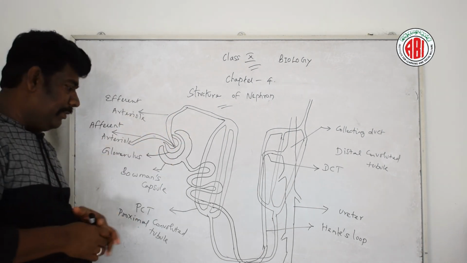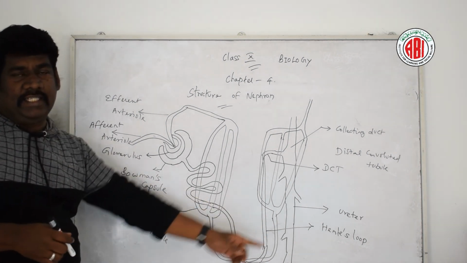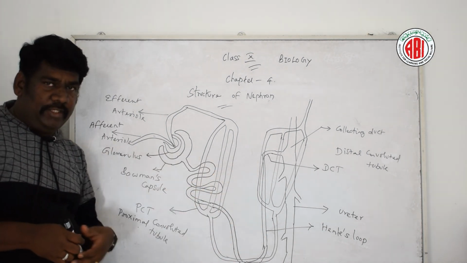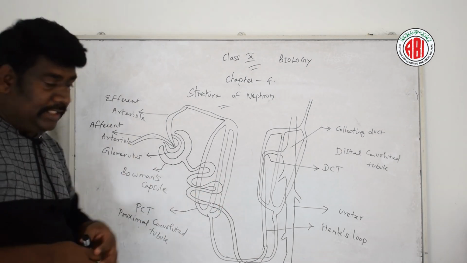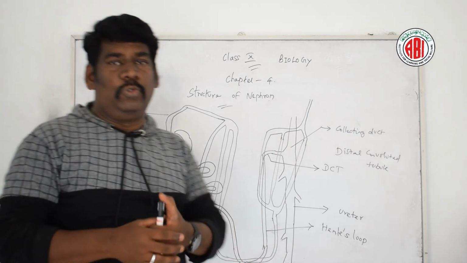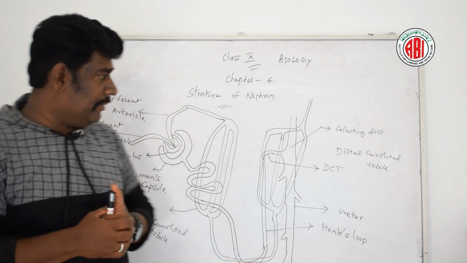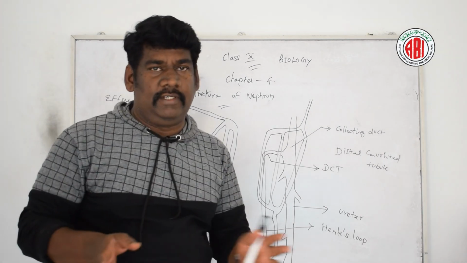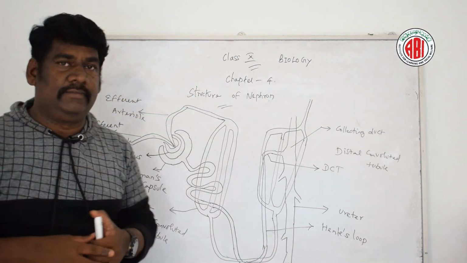Very easy to remember. PCT and DCT, proximal convoluted tubule and distal convoluted tubule, very easy to remember. This U-shaped structure is called Henle's loop, that is also very easy to remember. And finally the ureter is there. So this is the structure of nephron. Thank you guys.